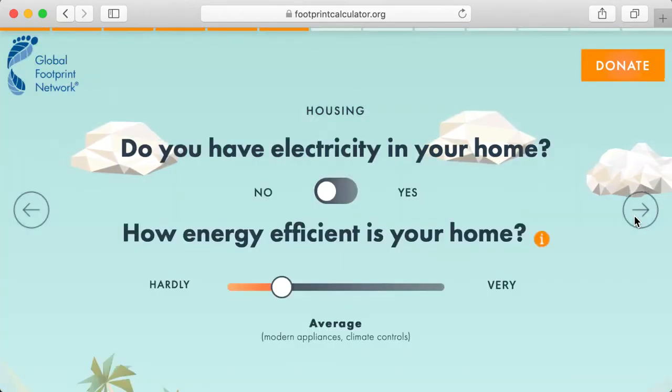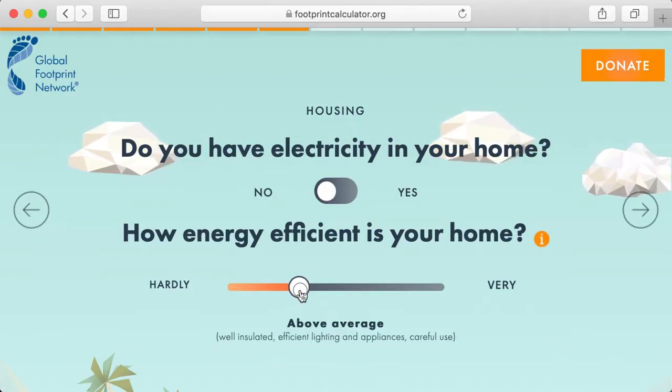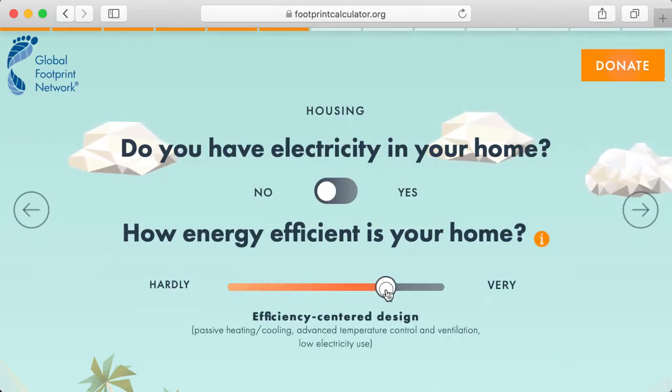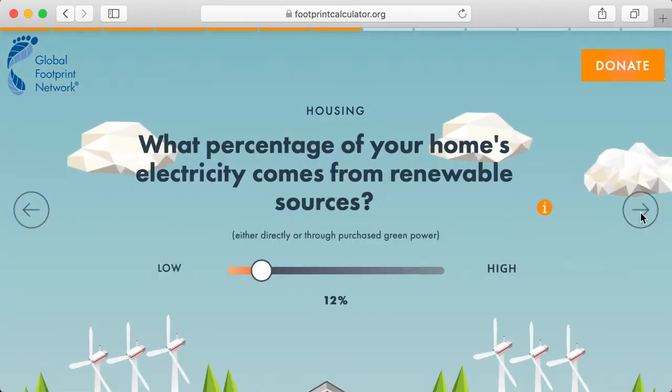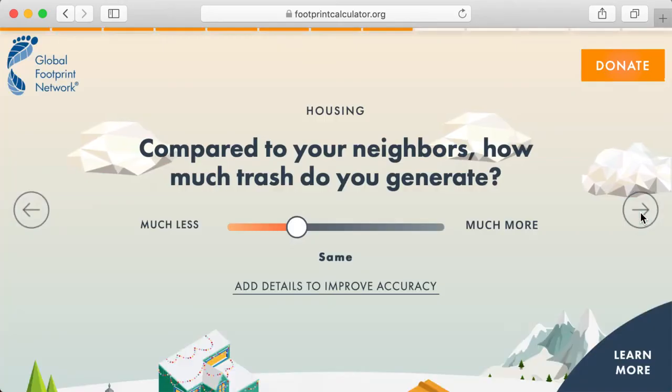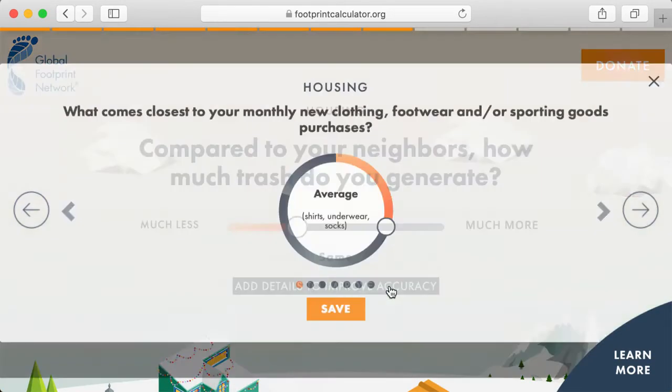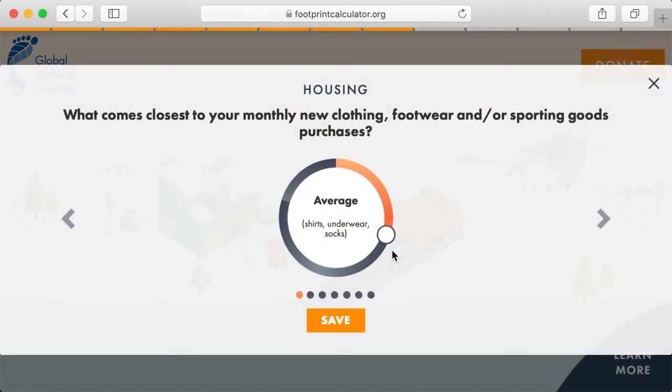But go through these, type of electricity you have, and this will explain it here, above average, efficient central design and so forth. Some of these, again, you may not even know about, but some that you may know, renewable sources here. The trash one is interesting because it doesn't actually ask you about how many things you consume, but on the other hand, kind of, as we saw with Vance Packard and the waste makers, it's about the waste in some ways.